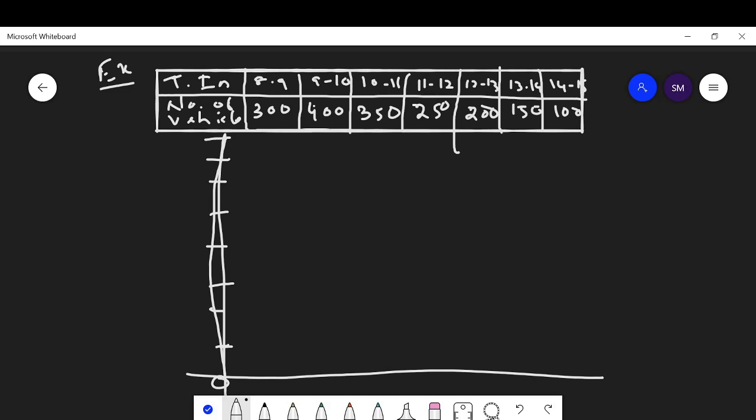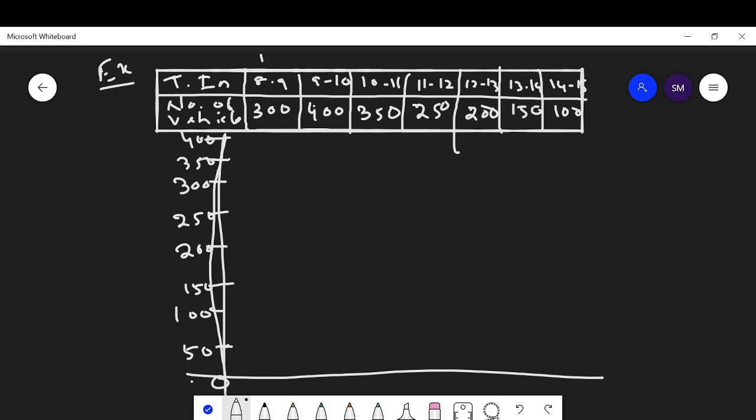Then during the time 8 to 9, how many vehicles are there? This is 50, this is 100, this is 150, then this is 200, this is 250, this is 300, then 350 and 400.